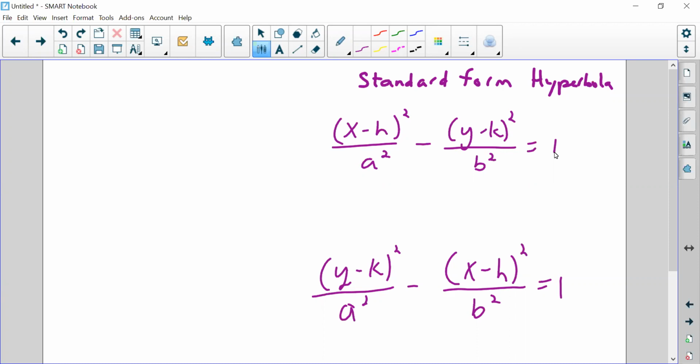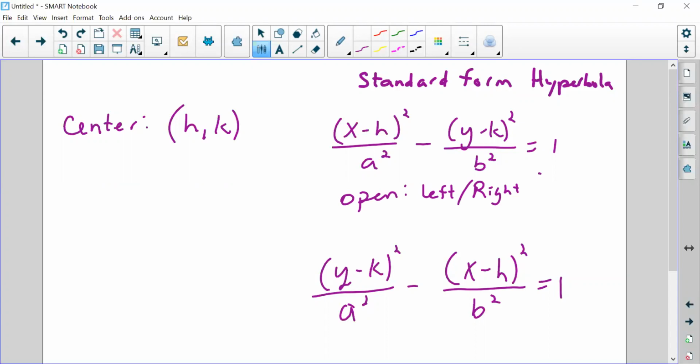Now, when we do this, we can always find the pieces of our equation. We can find our center, and our center is just (h, k), regardless of which form. If our x term is written first, our hyperbola will open to the left and the right, so you're going to have a graph that looks like this.